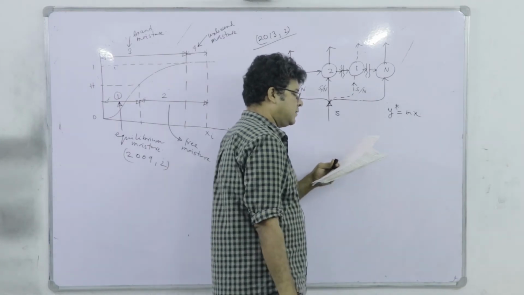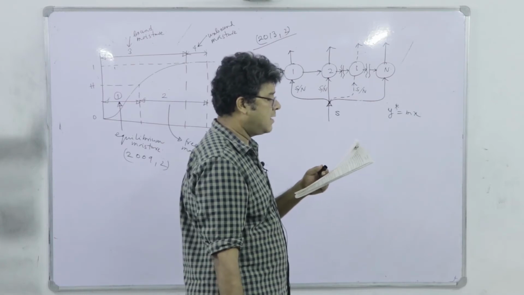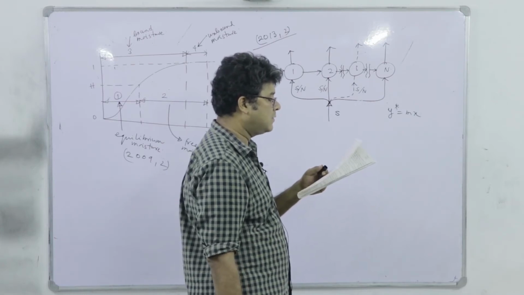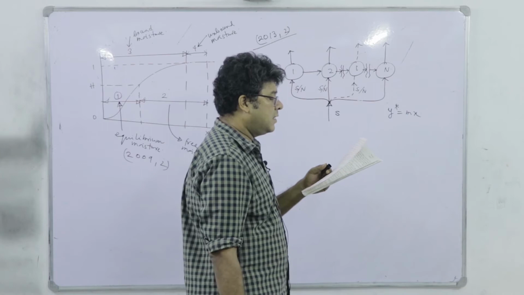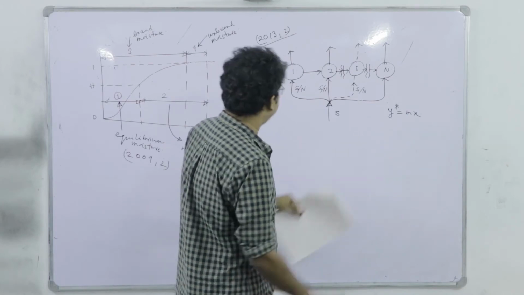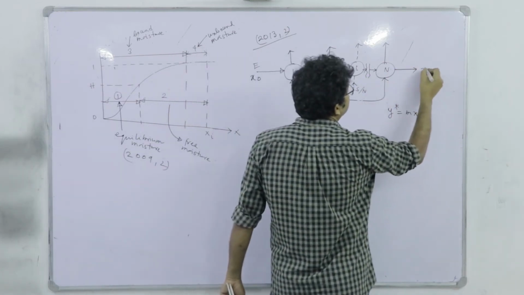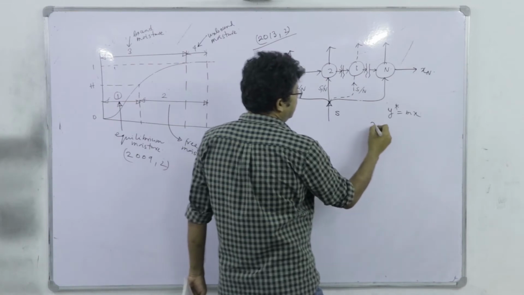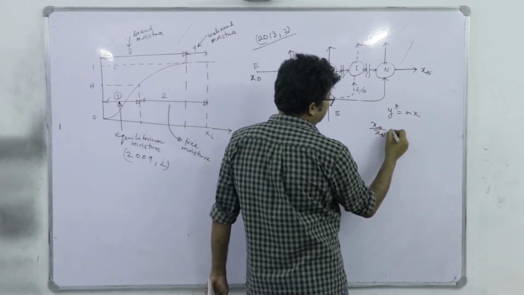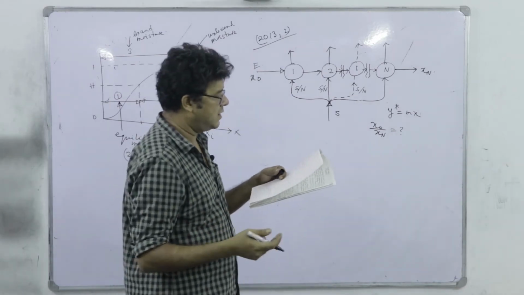Assume dilute condition, that means the molar flow rates of the raffinate and extract are not changing from one stage to another stage. We need the ratio of the solute mole fraction in the original feed to that in the exit raffinate. So we have to solve for x0 by xn, and 4 different expressions are given.